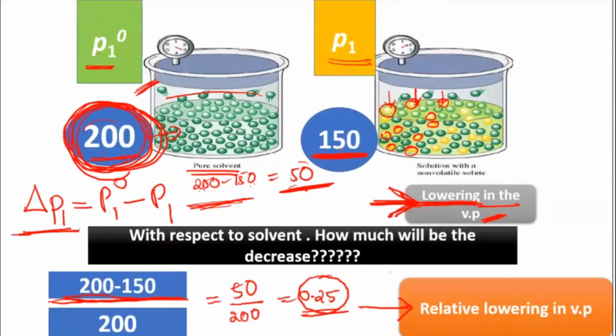Here 200 is P1 naught, for the pure solvent, and 150 is P1, for the solution. This delta P1 is our lowering in vapor pressure. To write the relative lowering of vapor pressure, I take delta P1 divided by P1 naught. This is how you need to derive it. Now I will come to the derivation part. So now see here.